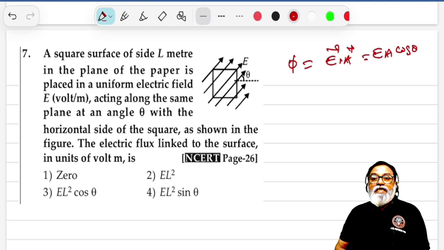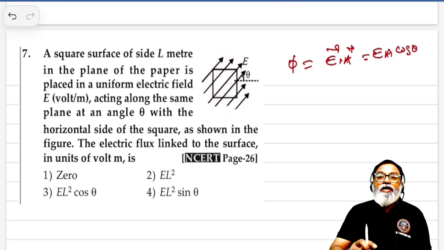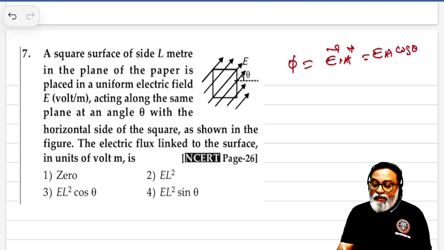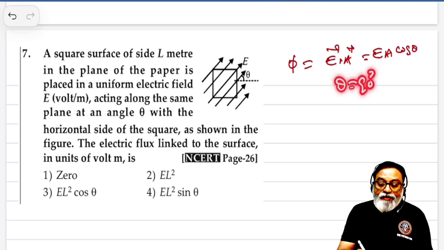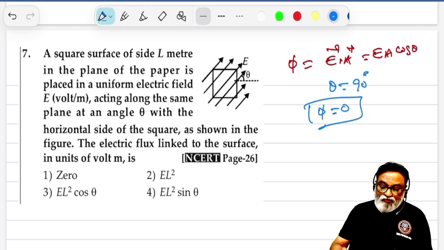Here theta is the angle between the field vector and the area vector. The field is in the plane of the coil, but the normal is perpendicular to the coil. Therefore, angle theta is equal to 90 degrees. Cos 90 is 0. Therefore, flux is equal to 0. Therefore, the first one.